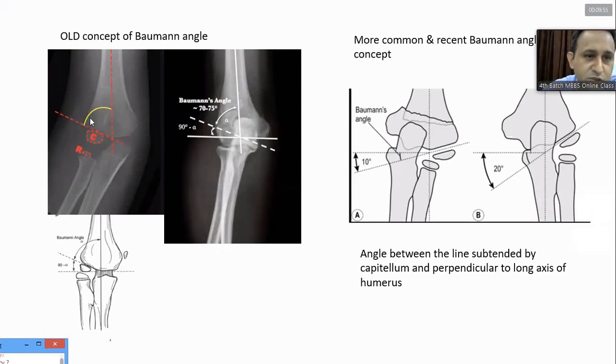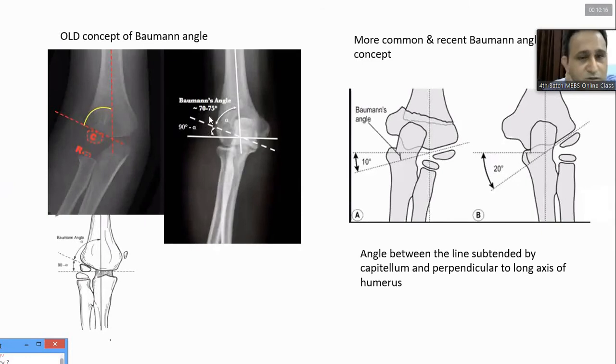The Bowman angle is if you draw a perpendicular line to the long axis of the humerus, and the angle between the perpendicular to the long axis of the humerus and the line of the capitulum, this 90 minus alpha, is actually the Bowman's angle.